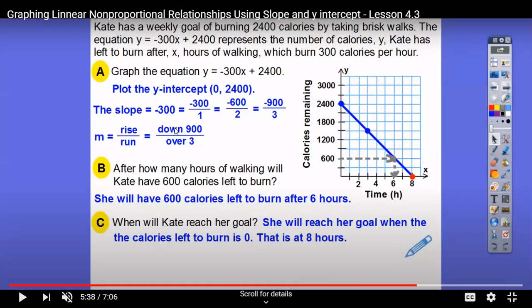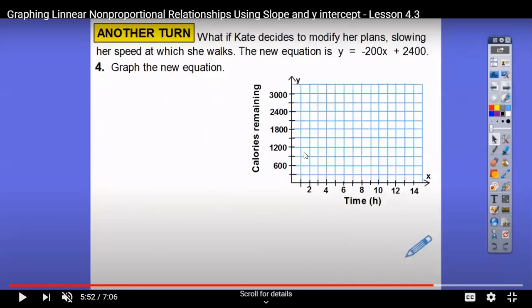Then we can move down 900 and over 3 hours to reach the next point. This is how we can use graphing in our real life.